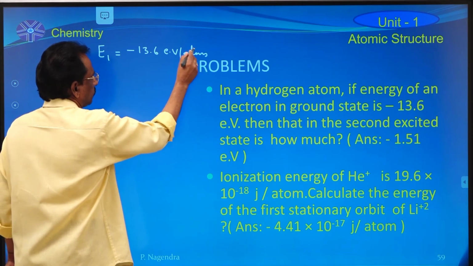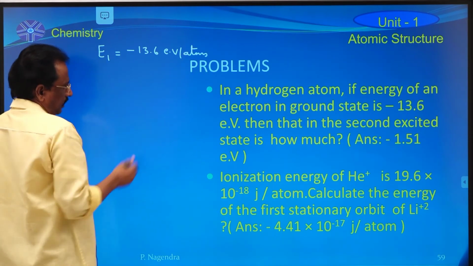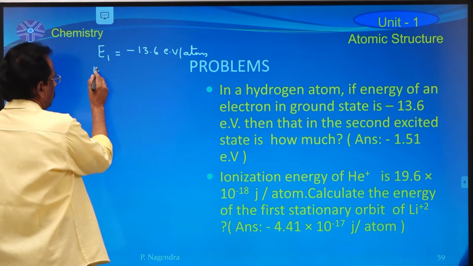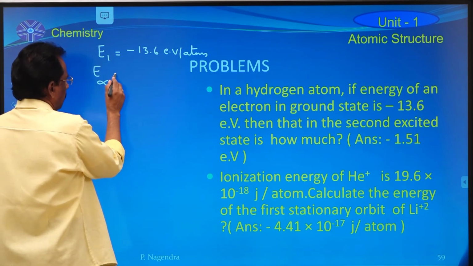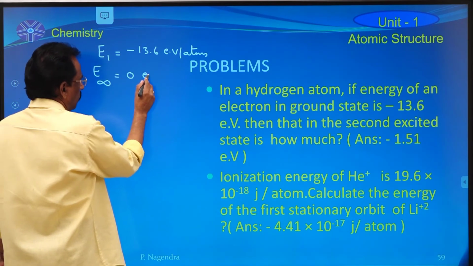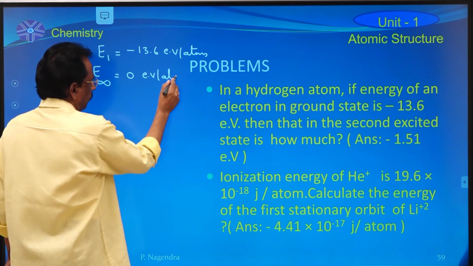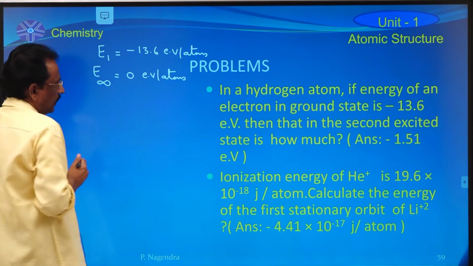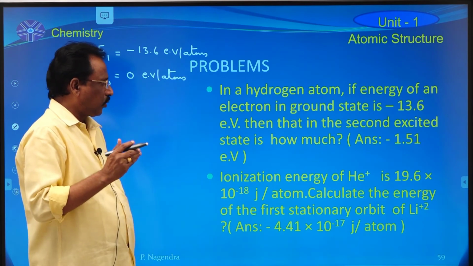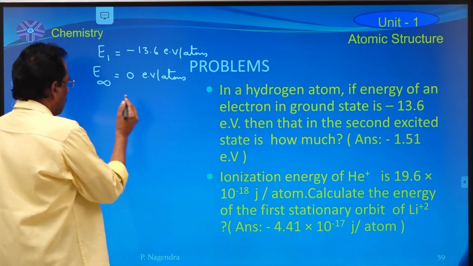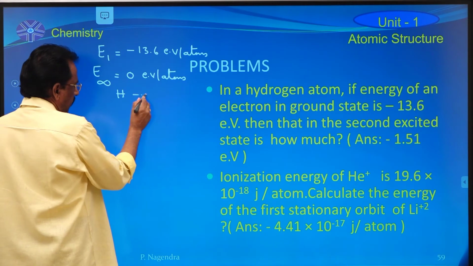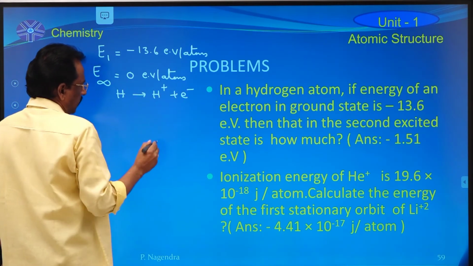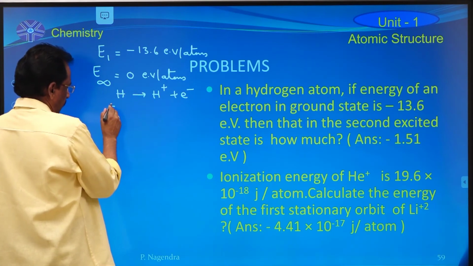Suppose the same electron stays at infinite path, the energy of the electron at infinite path is equal to 0 electron volt per atom. That means by absorbing 13.6 electron volt per atom, hydrogen atom is converted into H plus ion. So this is nothing but ionization energy.